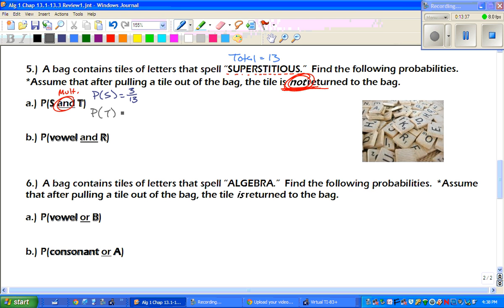Now, it's not returned. So there are 12 tiles now. And to get a T, there are 2 T's. So when we set this up, it's 3 out of 13 times 2 out of 12.